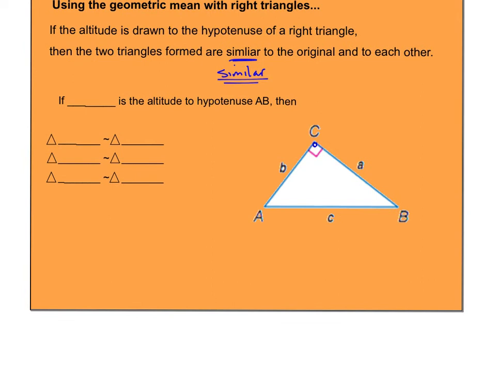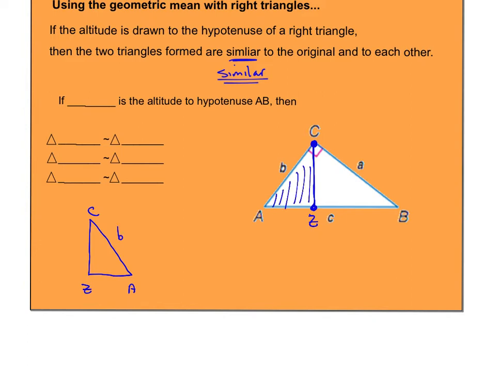Let's say I draw my altitude, and we'll call that point Z. When I do this, I have created two additional triangles in addition to my original triangle. Let me draw this out. I've dropped my altitude there, so now I've got a triangle that becomes Z, A, C. All I did was flip it around.